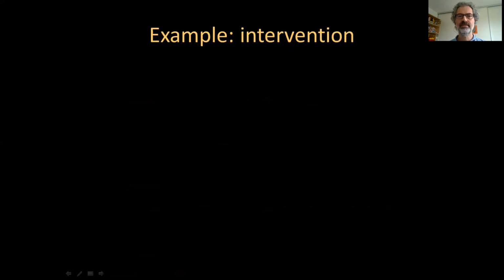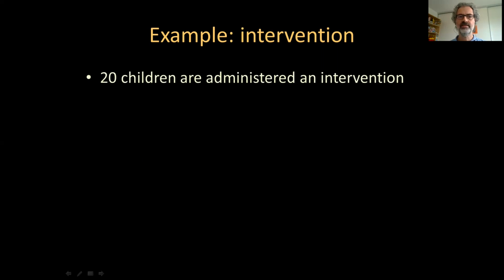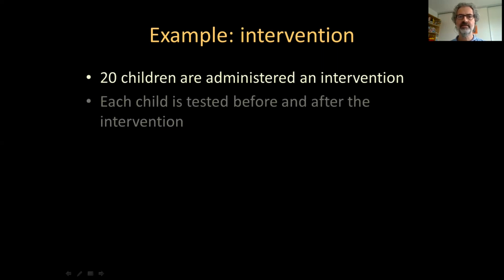Let us work through an example to see how this actually works. The example concerns the familiar hypothetical situation in which 20 children are administered an intervention, and each child is tested before and after the intervention on the same test.